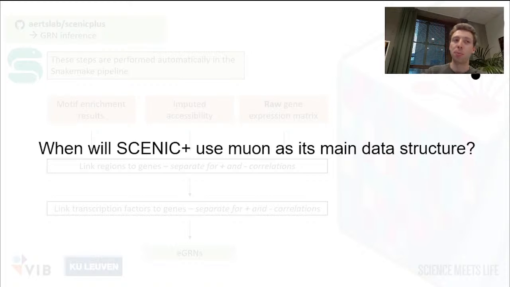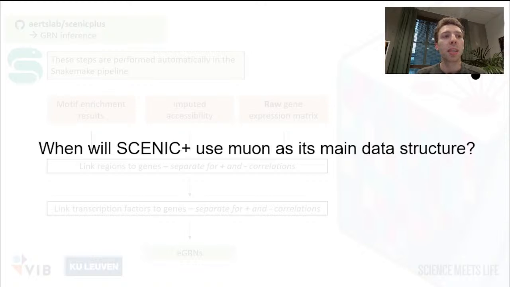In the development branch, we completely switched away from the SCENIC Plus object class, and now we use AnnData as the main data structure. We're still updating some downstream functions, but all of the functions that were shown today we can already use, of course.